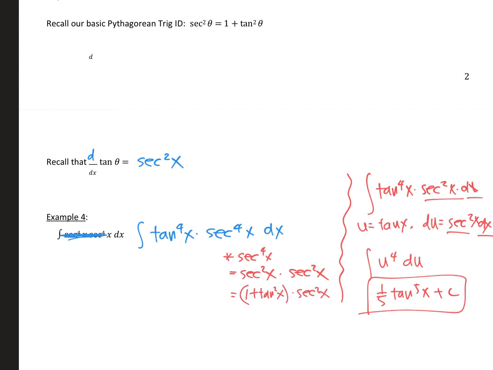So let me rewrite the original question. From the original tangent to the fourth, secant to the fourth, I'm going to write it as this times that: 1 plus tangent squared, secant squared dx. Yay, okay, now I have secant squared and then a bunch of tangents. So I can let u be tangent x, du is secant squared.